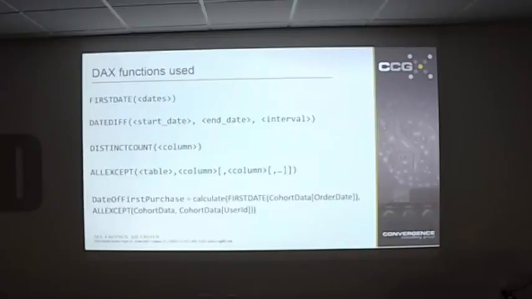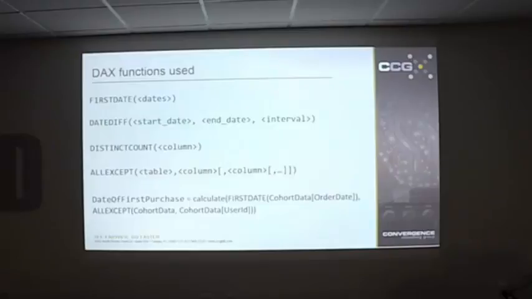You put in a start date, an end date, and it's going to tell you the interval between them. You can specify the interval if you want it in days, months, years, etc. Distinct count, I think we're all familiar with. We are going to use this to count the distinct customers who made a purchase each month. We don't want to count customers who made multiple purchases multiple times because that will inflate your retention rates.